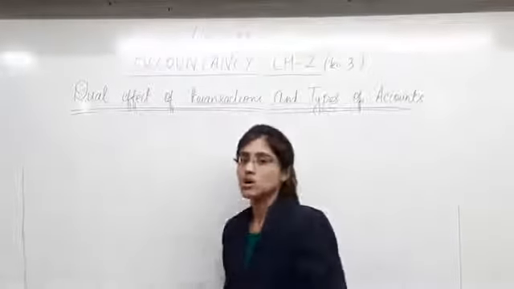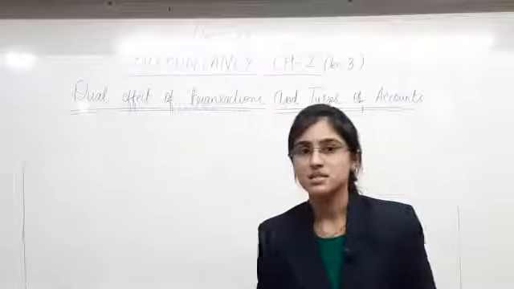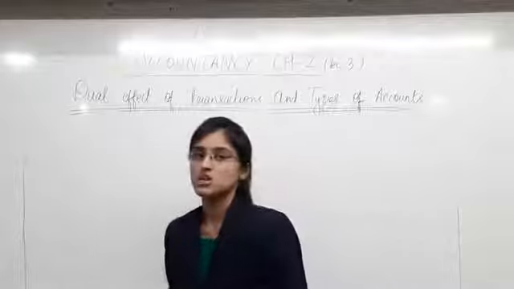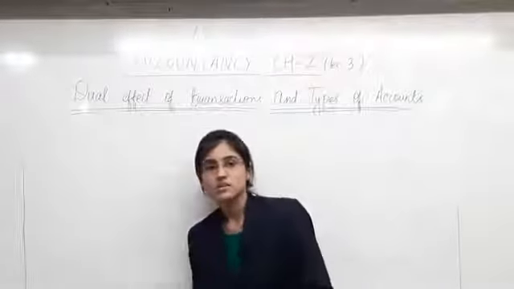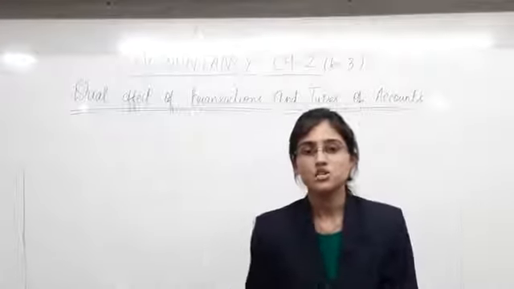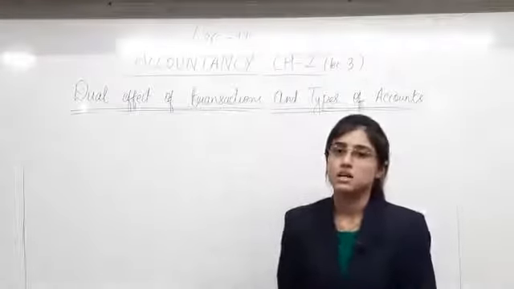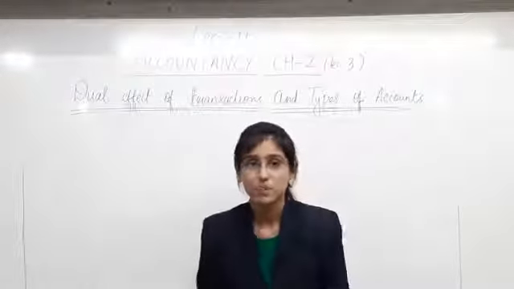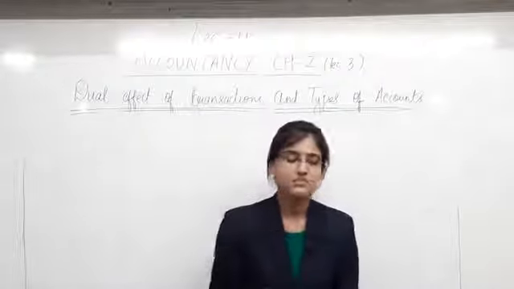Then non-economic transaction. And on this basis, we solved illustration 1. Then we understood the identification of cash and credit transaction, that is, how you identify a transaction to be cash or credit.